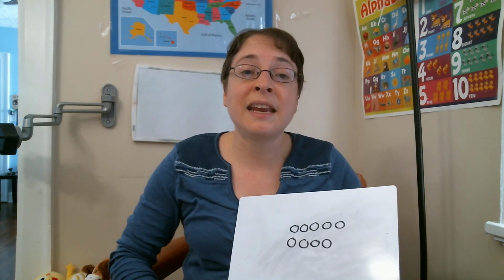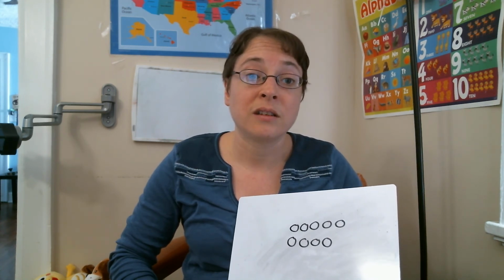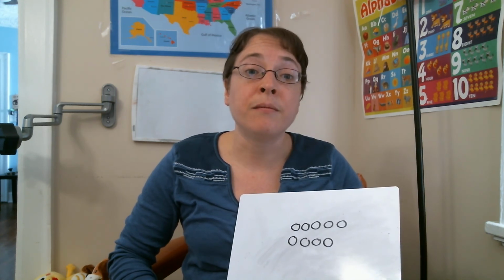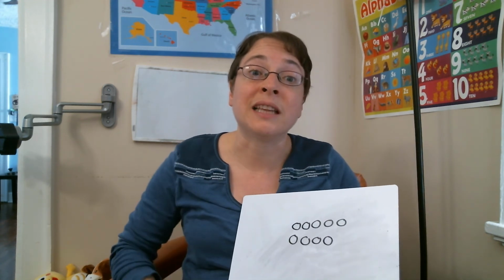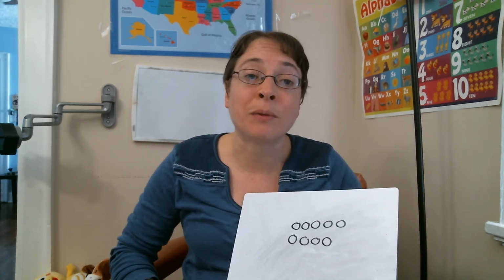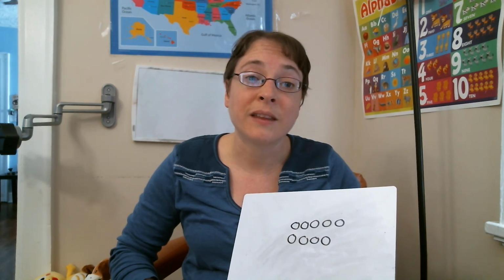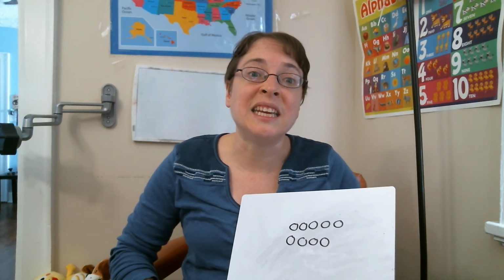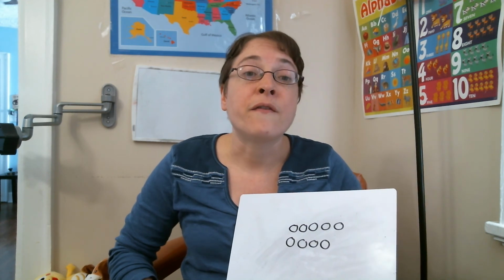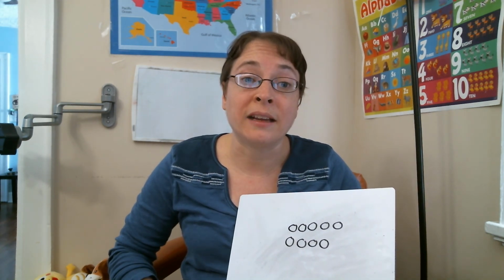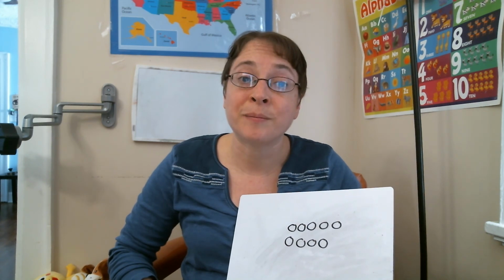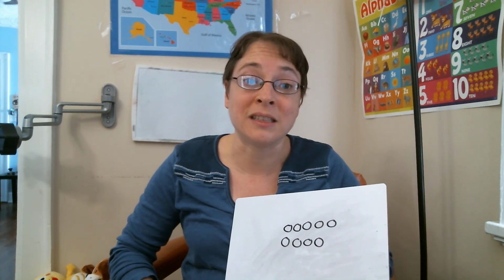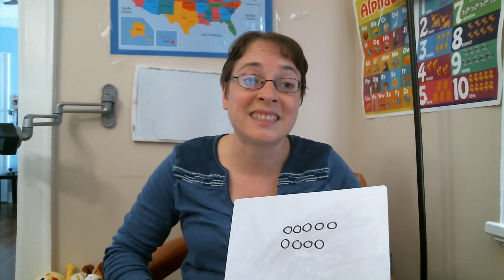There were 9 baseballs. 5 of them were taken to play with. How many baseballs are left? And here's the other problem. There were 9 leaves on the ground. 4 of them blew away. How many are left? So you can make your own number sentences and number bonds to show those practice sets.